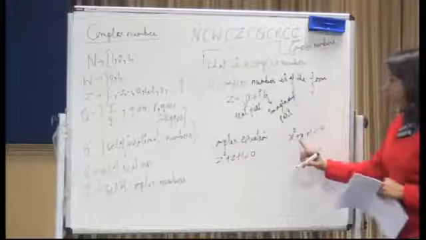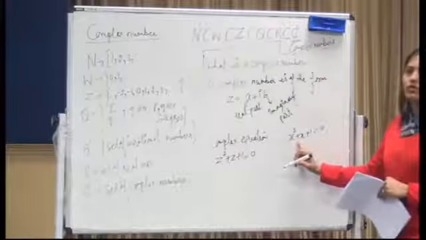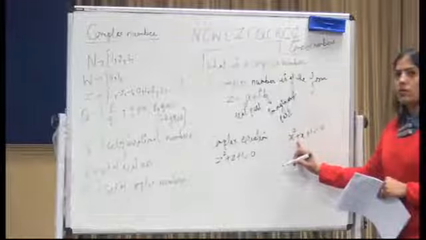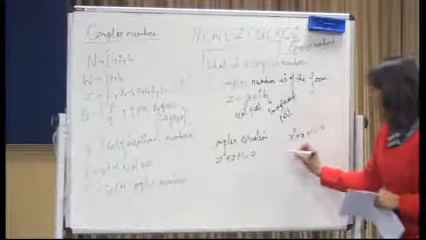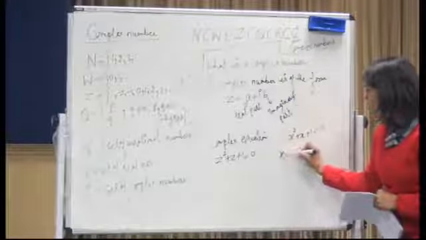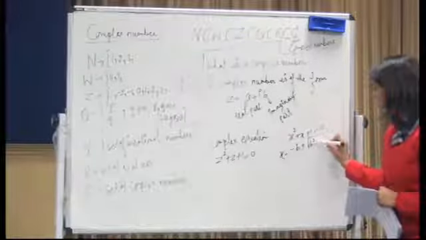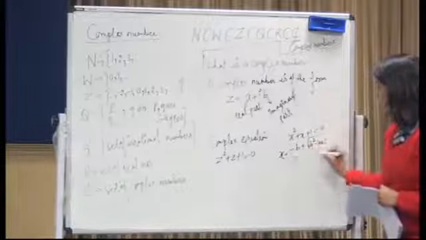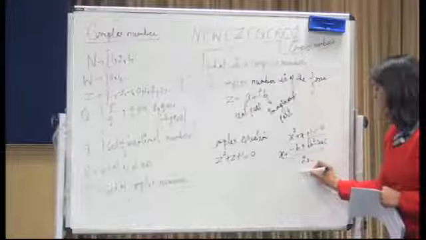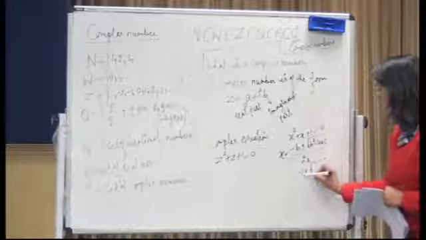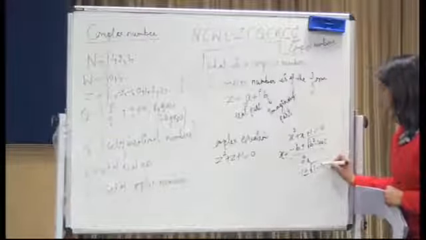If I ask you the solution of this quadratic equation, how do we write it for a quadratic equation: minus b plus minus square root of b square minus 4ac upon 2a. So this will be minus 1 plus minus the square root of b square minus 4ac.